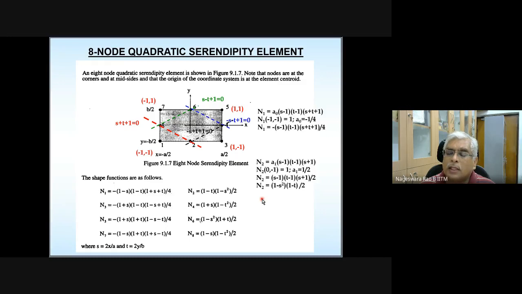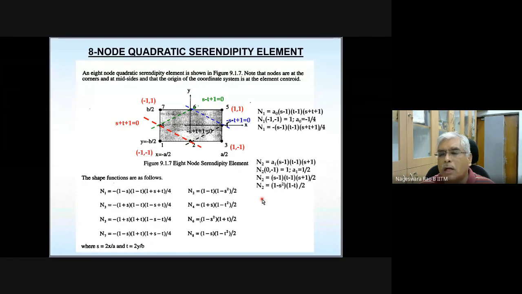Also, the value of the shape function of a particular node is going to be equal to 0 along the edges of which it is not part. Along those edges, the shape function value of that particular node should be equal to 0. So you need to keep these points in mind.